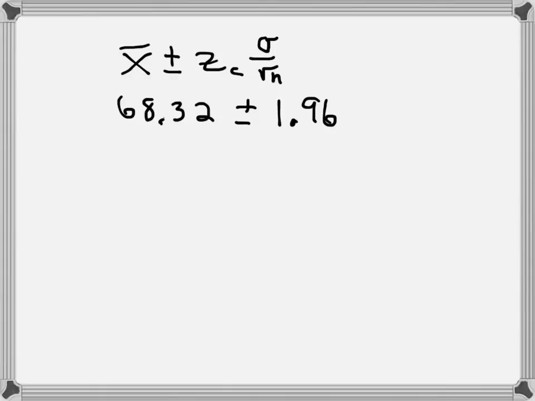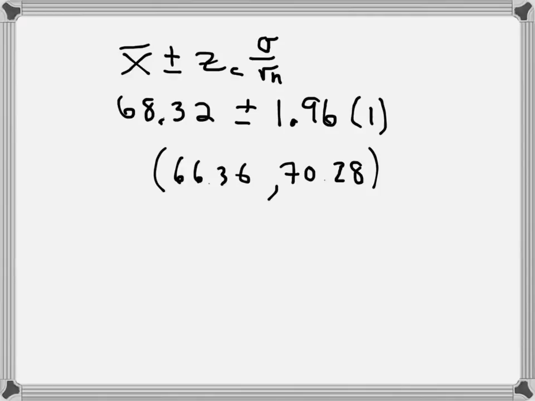It's probably the most common critical value, at 95%, which is the most common confidence level. So on the high side, I add 1.96 times the standard error. And if I subtract this, it's 66.36.